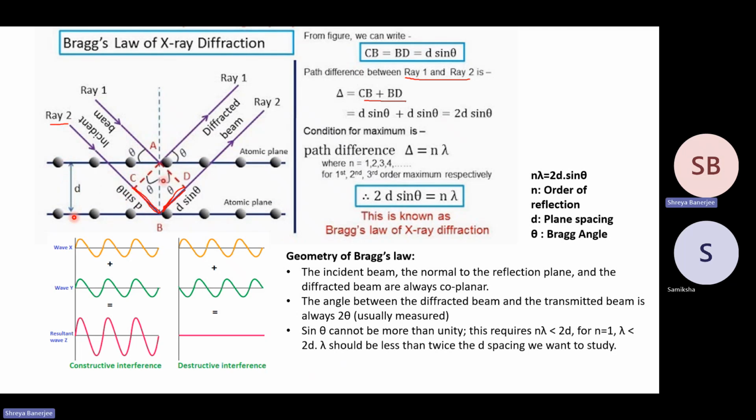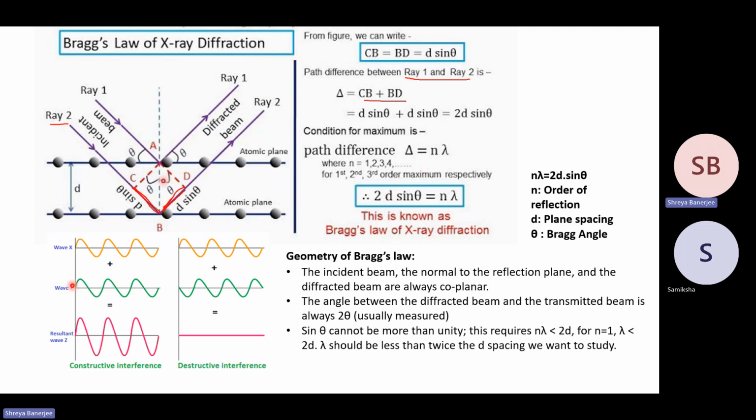So d is this distance, theta is this angle. So if you see trigonometry wise, this is d sine theta, this is also d sine theta. So CB plus BD is 2d sine theta. Now, when this path difference is an integral multiple of wavelength, then there is constructive interference.